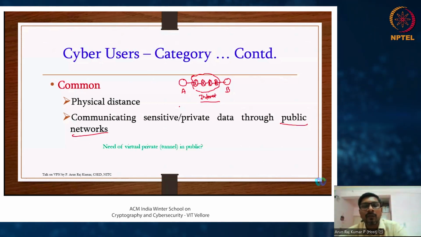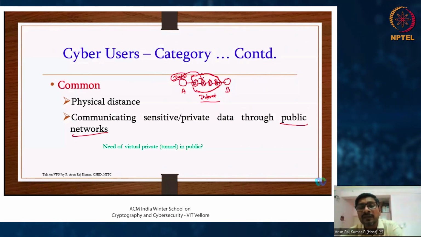Right. So what is actually required, as per this diagram, you could see here. Because we are accessing or sending data, suppose I have data from A and I want to send it to B, I am reluctant to send this data over public infrastructure networks.